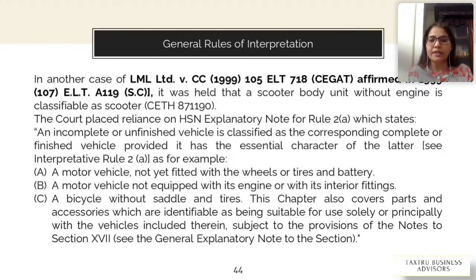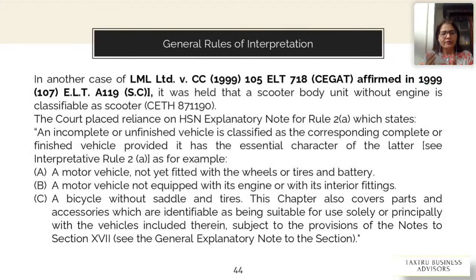The court placed reliance on the HSN explanatory note for rule 2A, which speaks of an incomplete or unfinished vehicle. And we have seen a plethora of judgments whenever there is an import of parts in a CKD or SKD format, this question of classification is always there, because we have seen that a particular chapter or a particular section may have two different rates of tax.